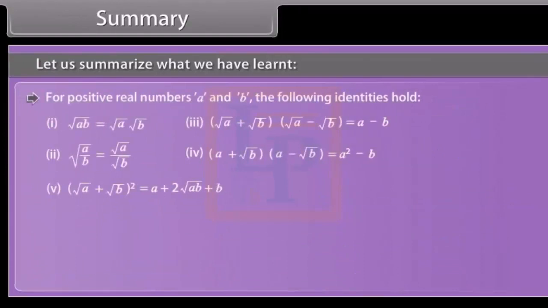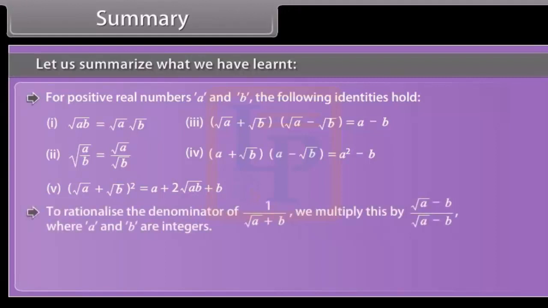For positive real numbers a and b, the following identities hold. To rationalize a denominator of 1 upon root a plus b, we multiply this by root a minus b whole upon root a minus b, where a and b are integers.